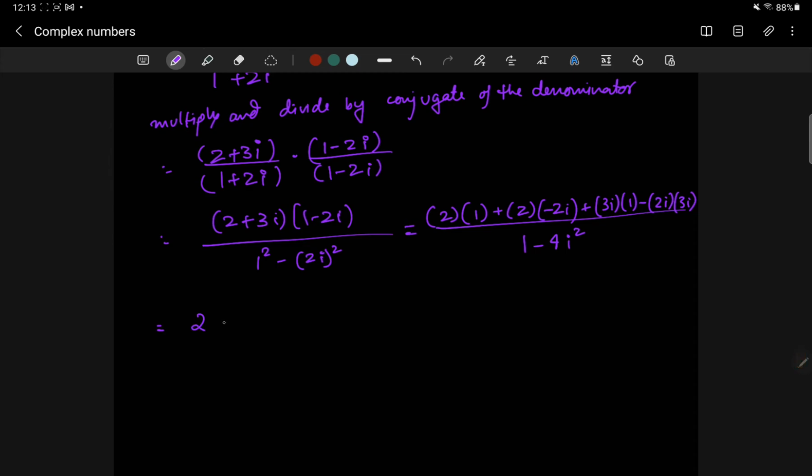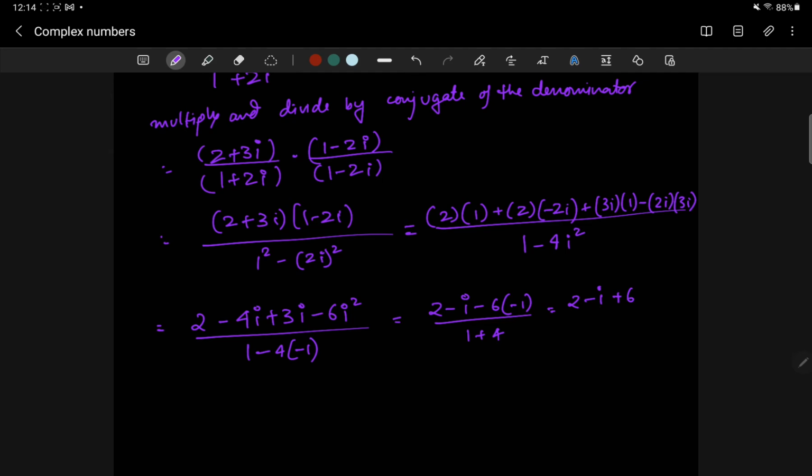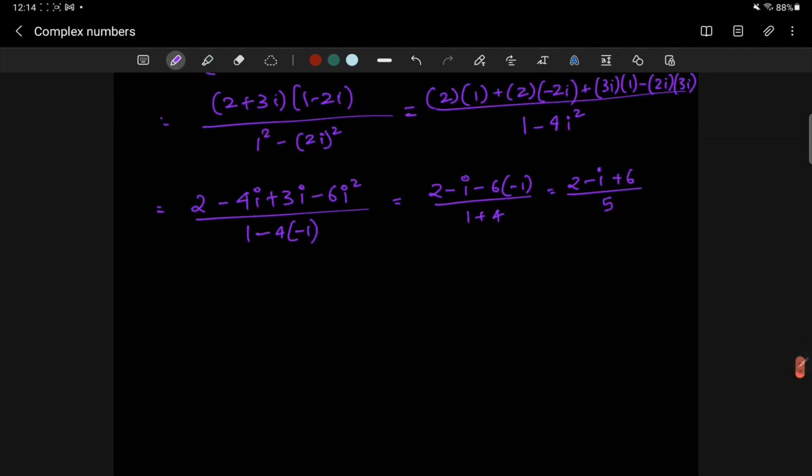So we get 2 minus 4i plus 3i minus 6i squared over 1 minus 4 times negative 1. So on the top I have 2 minus i minus 6 times negative 1 over 1 plus 4. 2 minus i plus 6 over 5, which then becomes 8 minus i over 5.